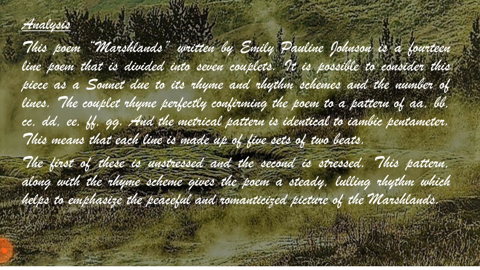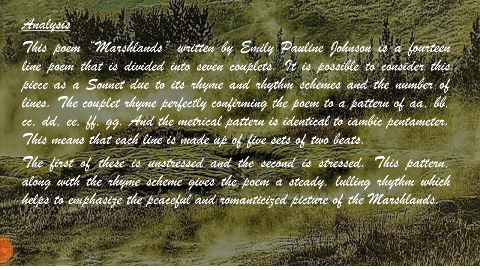It is possible to consider this piece as a sonnet due to its rhyme and rhythm schemes and the number of lines. It has 14 lines with fixed rhyme scheme. That is why it is called sonnet also.